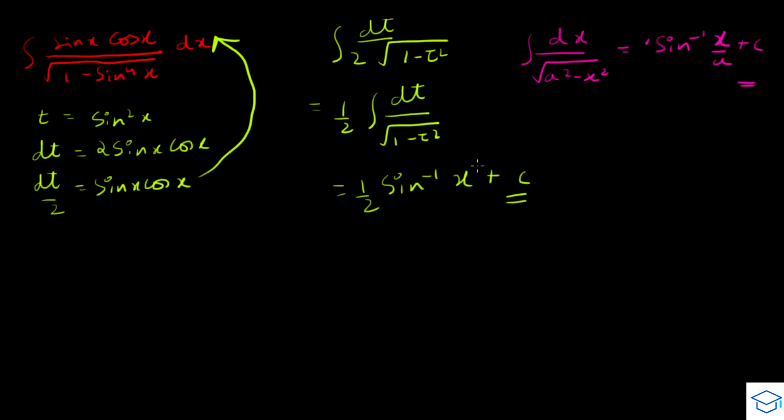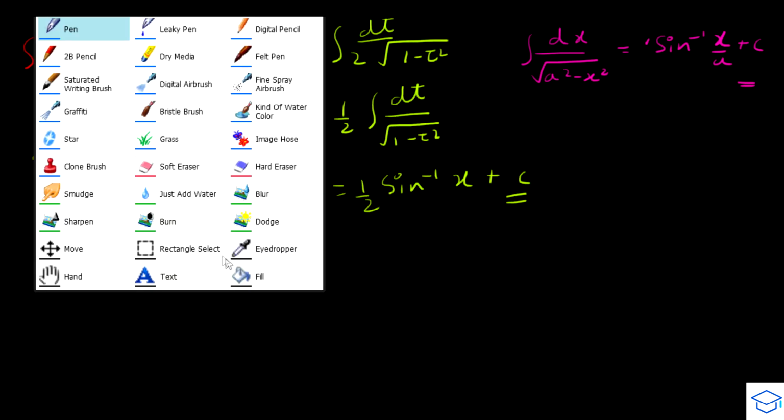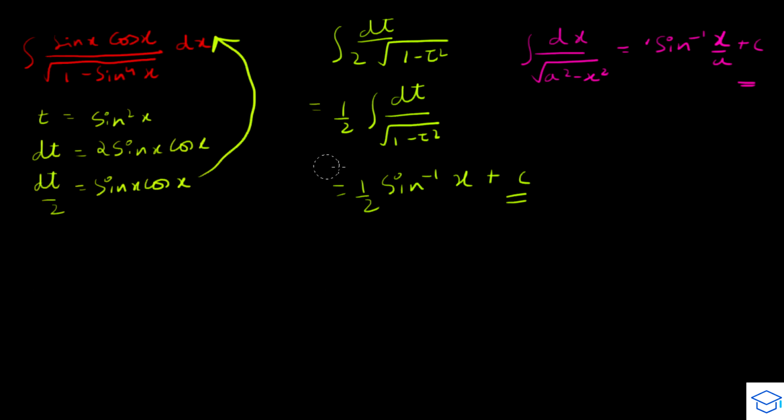Sorry, this is not x over here, that is t over there. I just made a mistake. And let me put sine square x in place of t. So it will become 1 by 2 sine inverse of sine square x plus c. So this will be your answer.